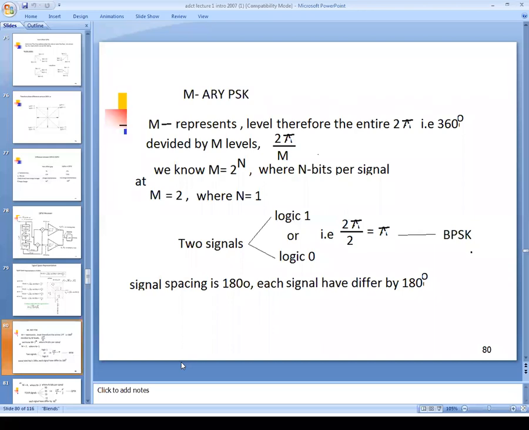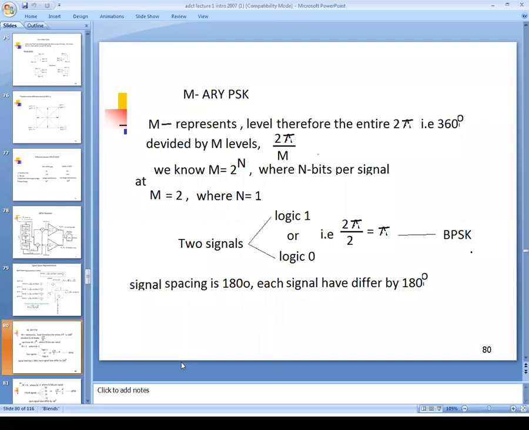Therefore, the entire 2 pi, that is 360 degrees, is divided by M levels, so 2 pi by M. Now M is equal to 2 to the power of n, where n is the number of bits per signal.